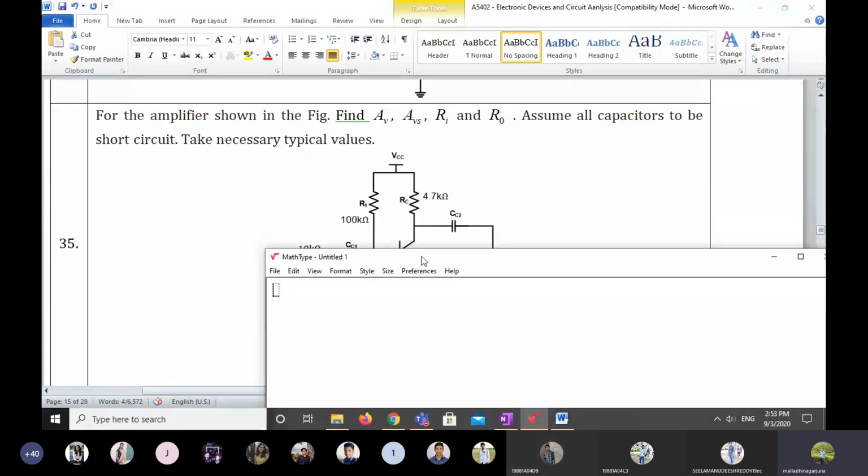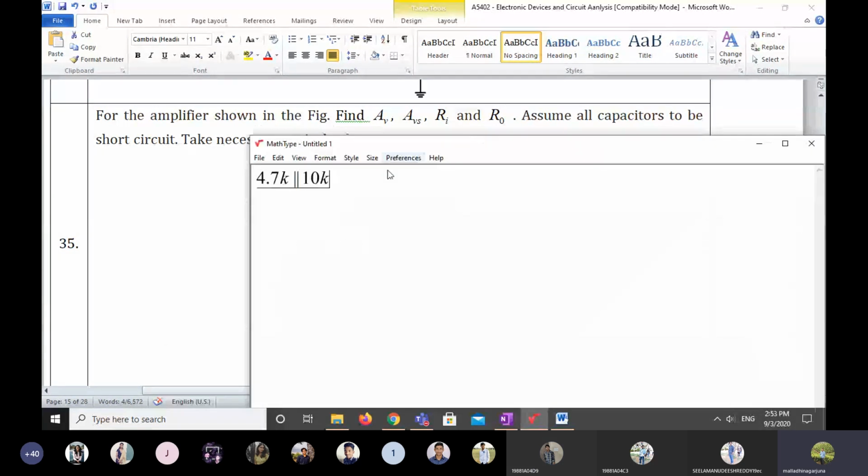RC parallel, 4.7K parallel to 10K, I think, right? Load resistance is 10K, right? What is the result? 4.7 parallel to 10K is 3.7K. Okay, this is ZL only. Again, you have to multiply with HOE, right? So HOE into ZL is equal to 25 micro into 3.7K.